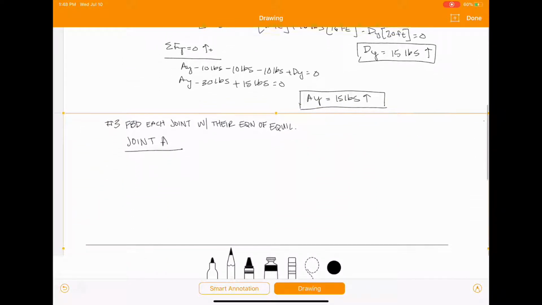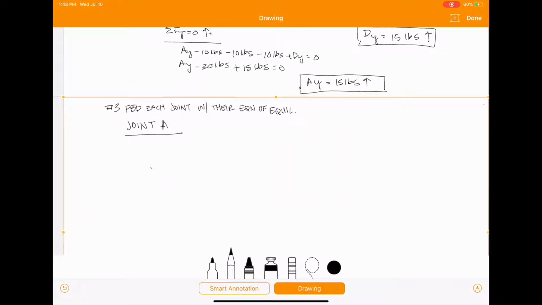So for A, we just have this joint right here. We've got AY coming up, which we solved as 15 pounds. AX was 0, so I'll leave that alone.